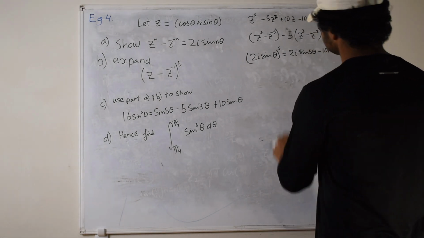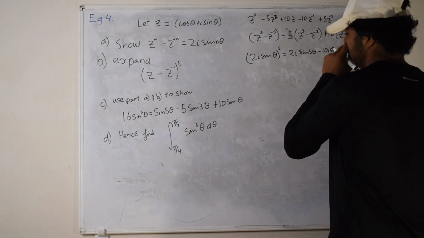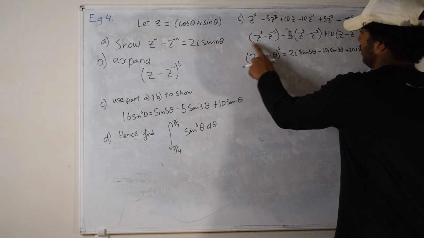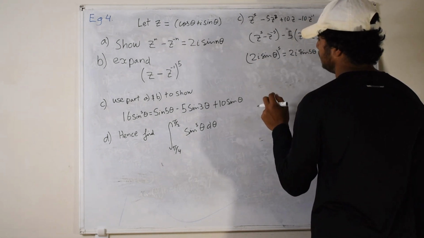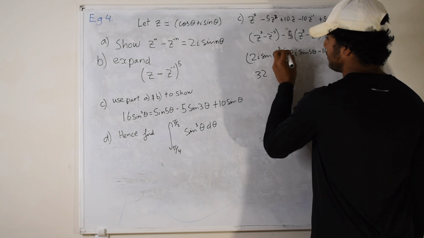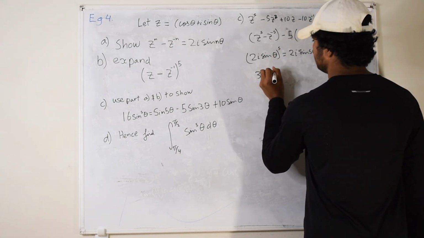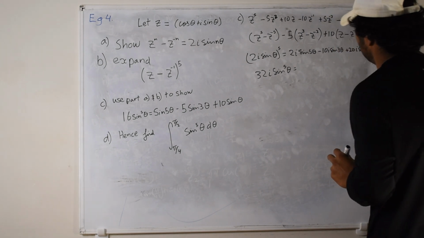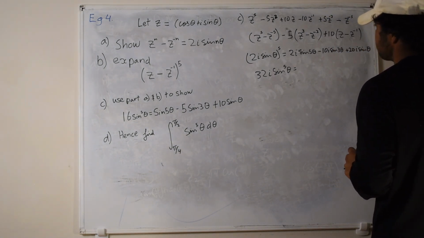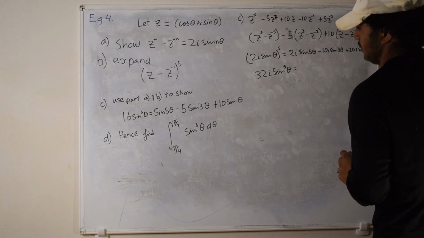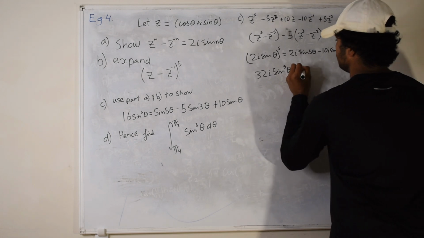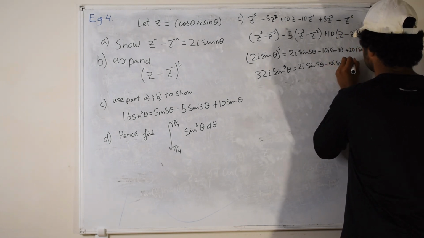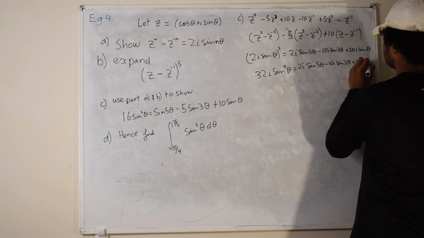So the next step would be to have that to the power of 5. This is for part C. So for the next part would be just equate this. So 2 to the power of 5 would be 32. i to the power of 5 is just i, sine to the power of 5 theta, which would then equal the same thing, which would be 2i sine 5 theta minus 10i sine 3 theta plus 20i sine theta.